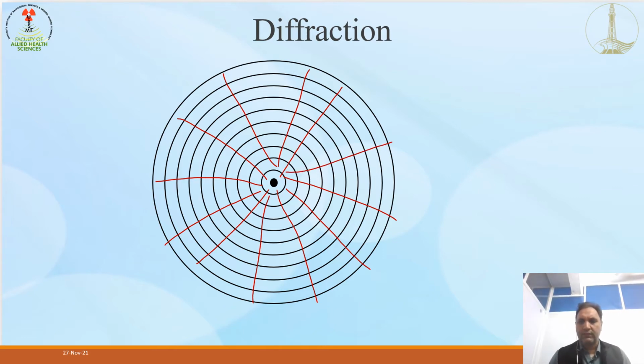But in the case of beam profile, we are talking about multiple sources. They are generating sound waves at a time, and all the sound waves in the medium interfere with each other or interact with each other, and the combination of these small wavelets results in a beam profile.